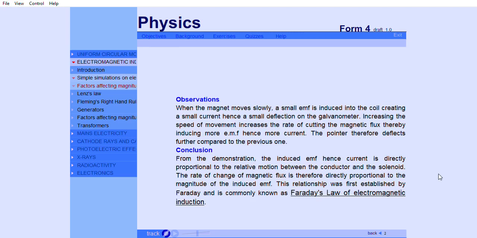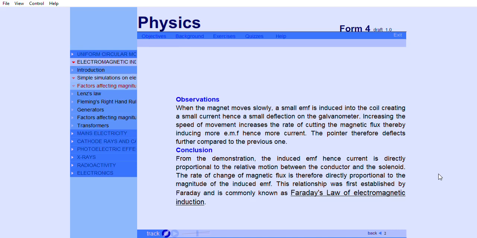When the magnet moves slowly, a small EMF is induced into the coil, creating a small current, hence a small deflection on the galvanometer. Increasing the speed of movement increases the rate of cutting the magnetic flux, thereby inducing more EMF, hence more current. The pointer therefore deflects further compared to the previous one.